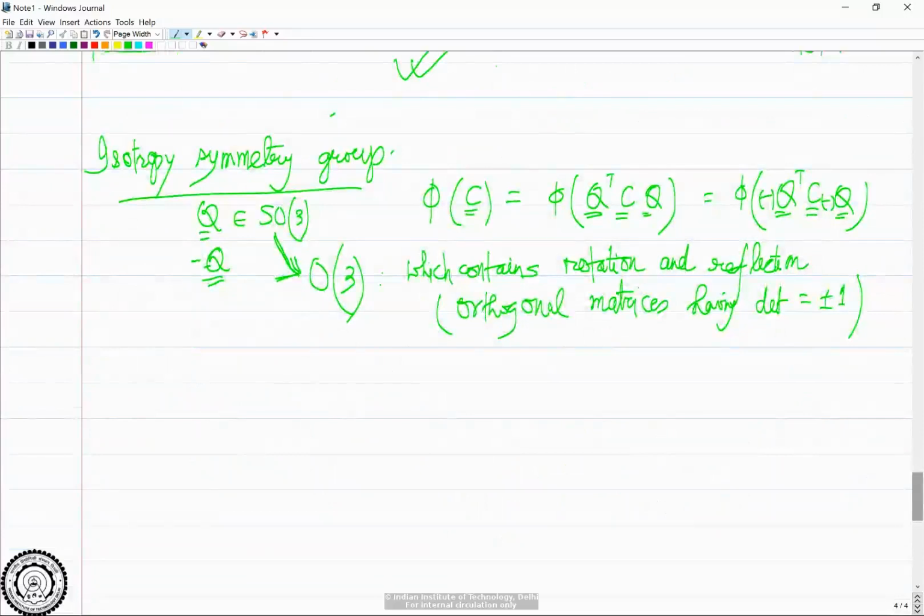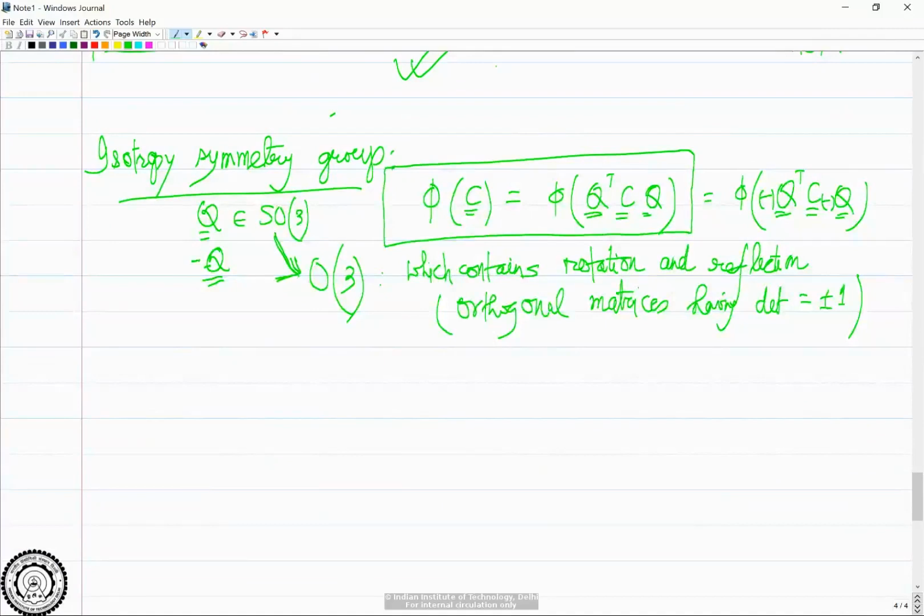Now you see this energy has to hold for all Q, this equivalence. Then obviously it will put some restriction, isn't it? The energy cannot be just anything.